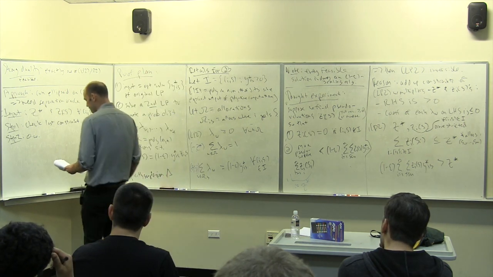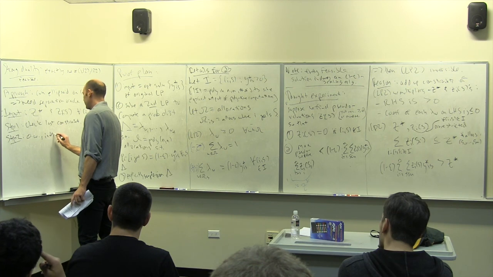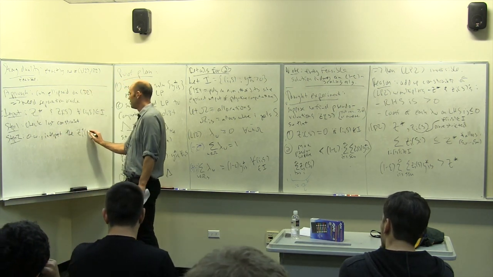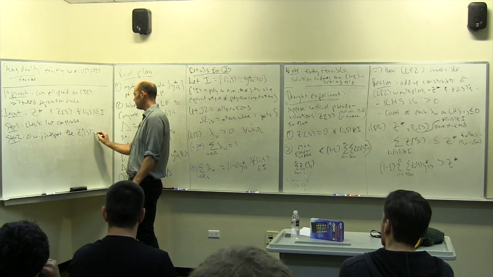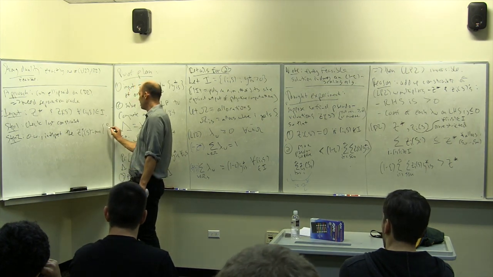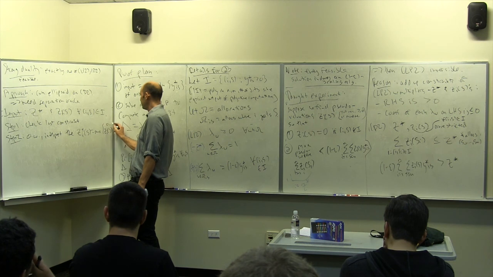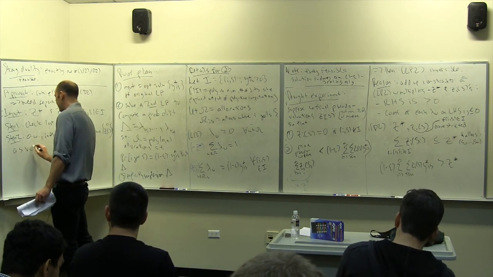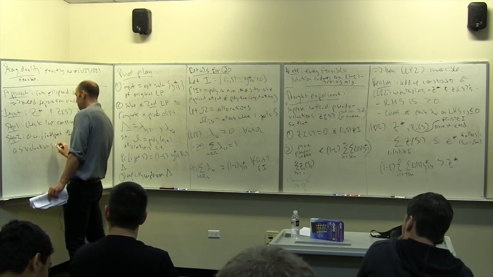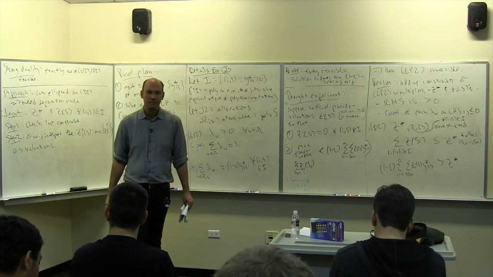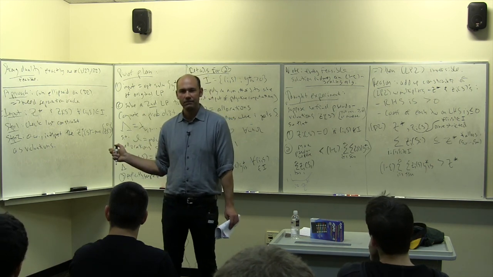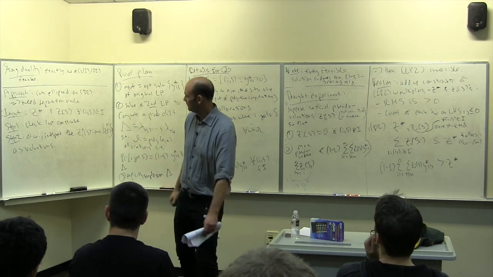Let me write them as the Z plus ISs, which is just the max of 0 and ZIS. Interpret these as valuations, and I'm going to run last week's algorithm on these valuations.